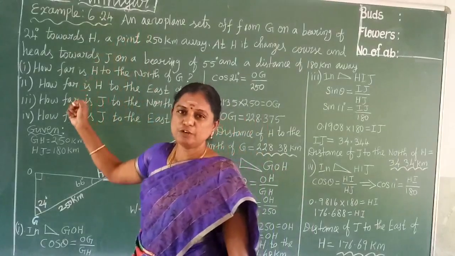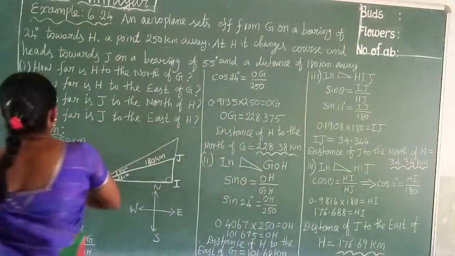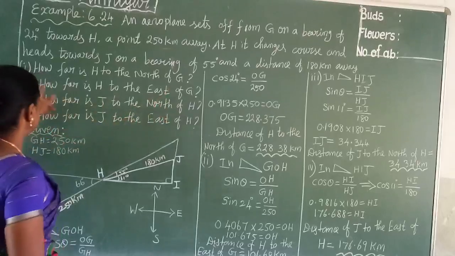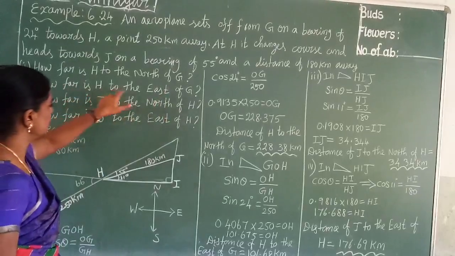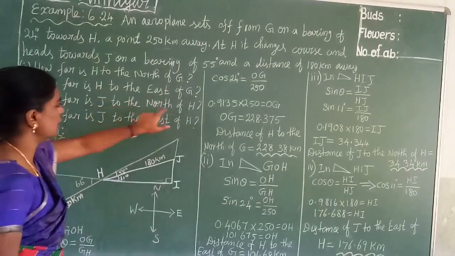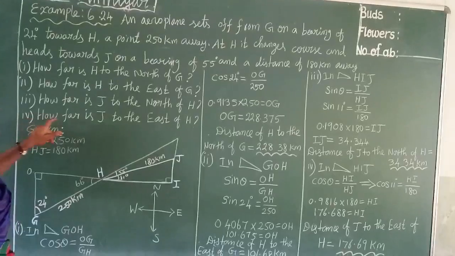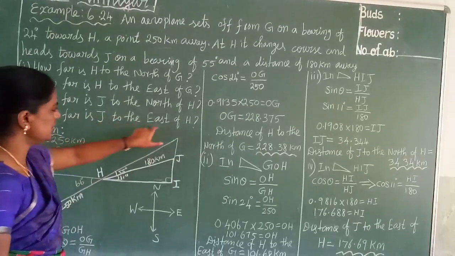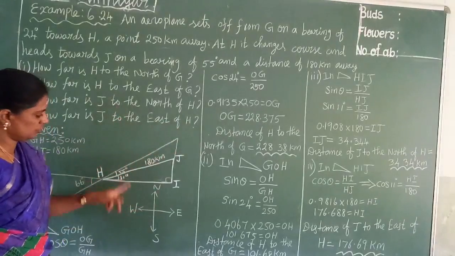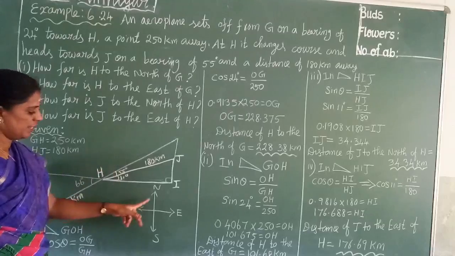We have to find 4 options. First one, how far is H to the north of G? Second one, how far is H to the east of G? Third one, how far is J to the north of H? Fourth option, how far is J to the east of H? So before you draw this diagram, you draw a direction.